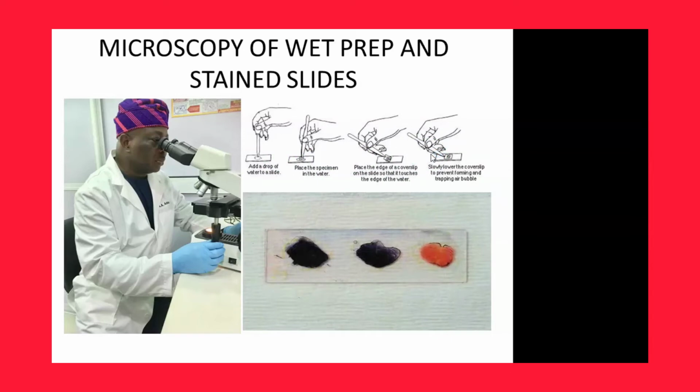That will let you know. Then the stained slides are when you allow the deposit to be thick and you stain. This shows how it will look after staining it. The microscope is being used to examine both the wet prep and the stained slide. The wet prep will show you things like this.